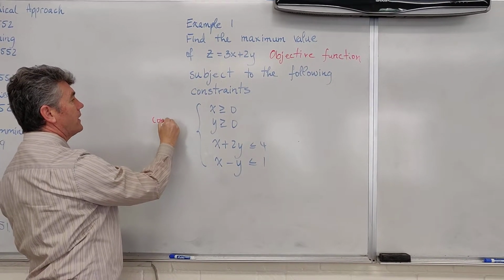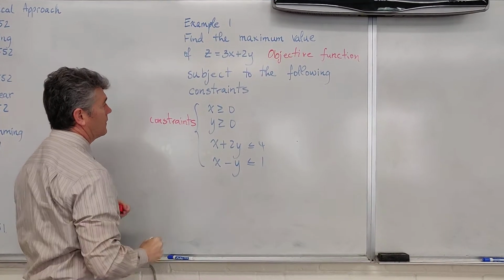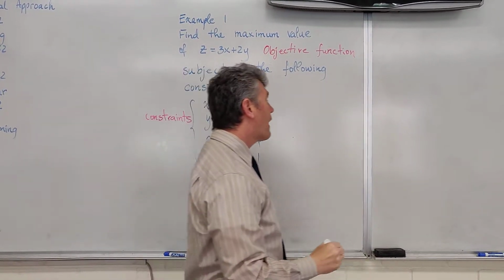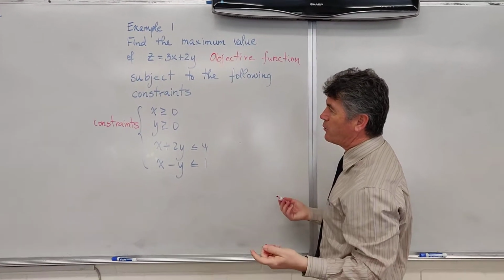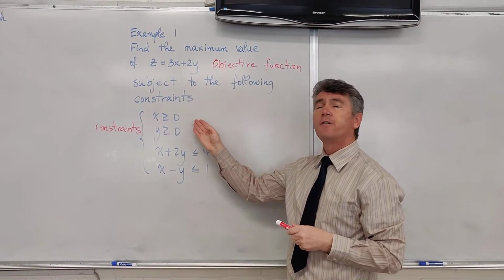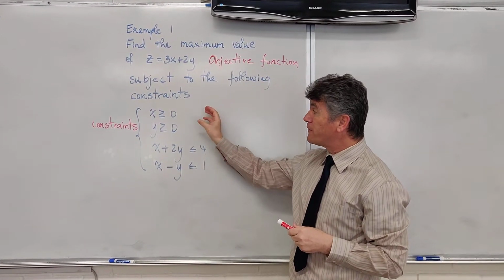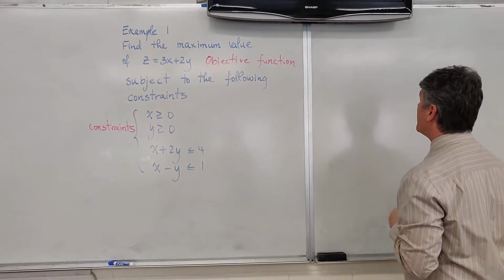Those are the constraints. We start by graphing x is greater than or equal to 0, y is greater than or equal to 0. Hopefully you remember those are just the points in the first quadrant, including the positive y and x axes.